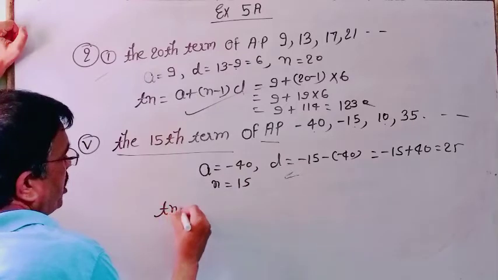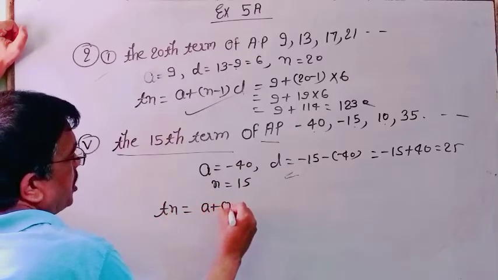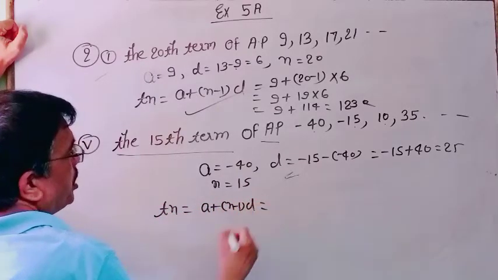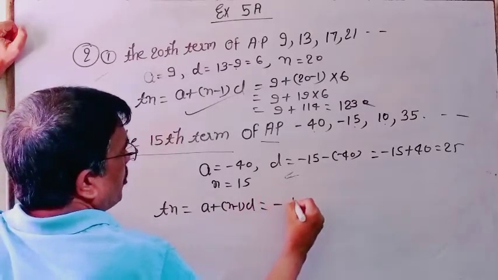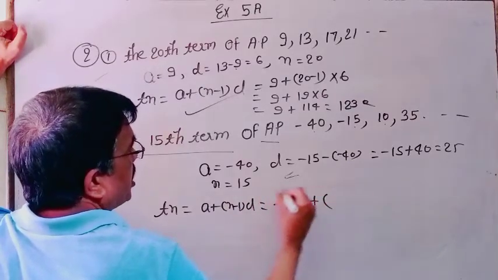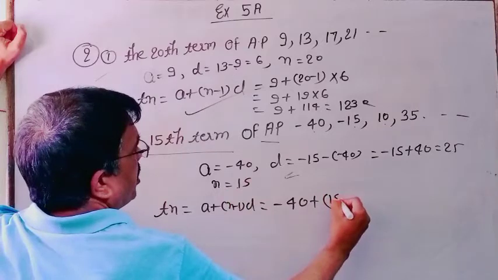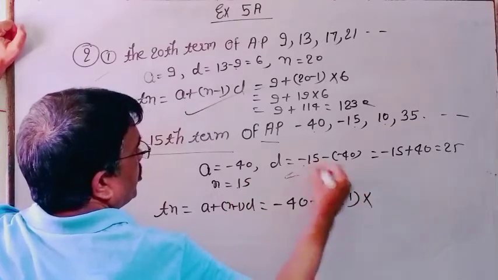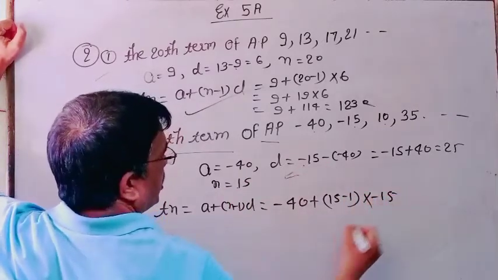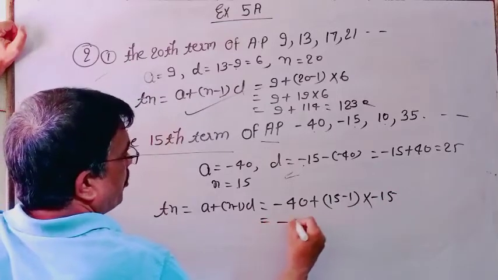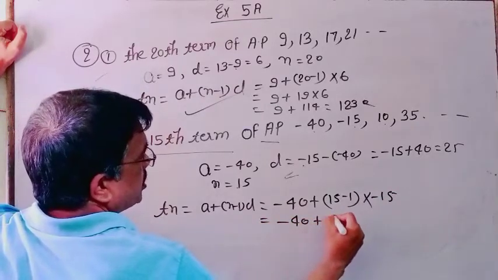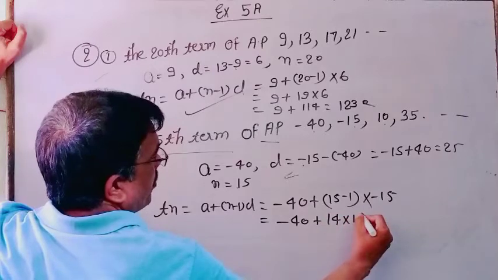So Tn is equal to A plus N minus 1 into D, that is A is minus 40 plus N minus 1, that is 15 minus 1, into D, that is 25. So write here minus 40 plus 14 into 25.